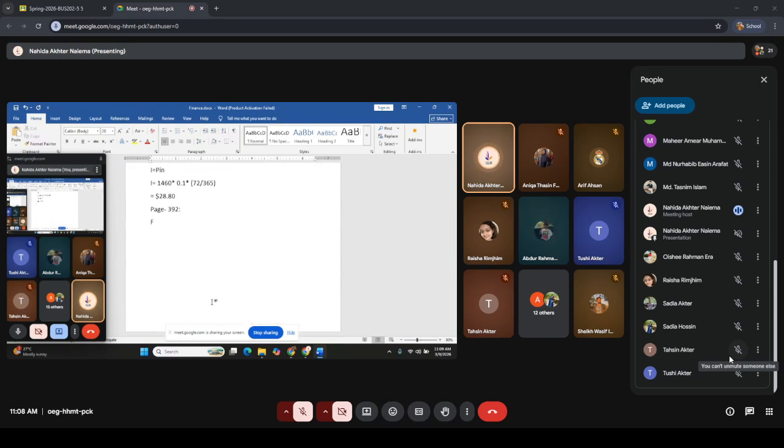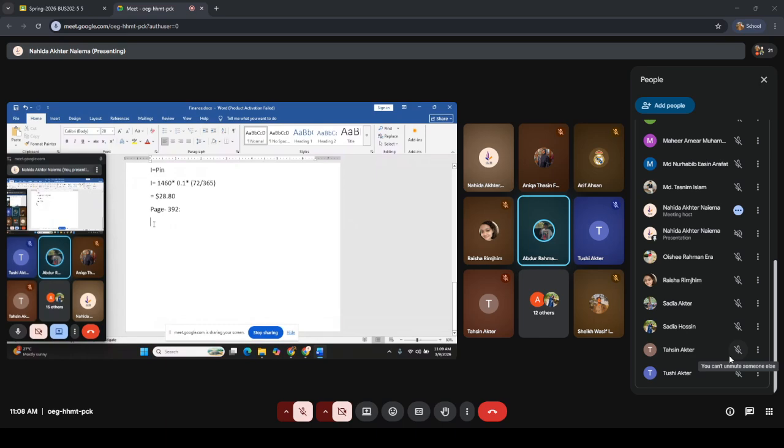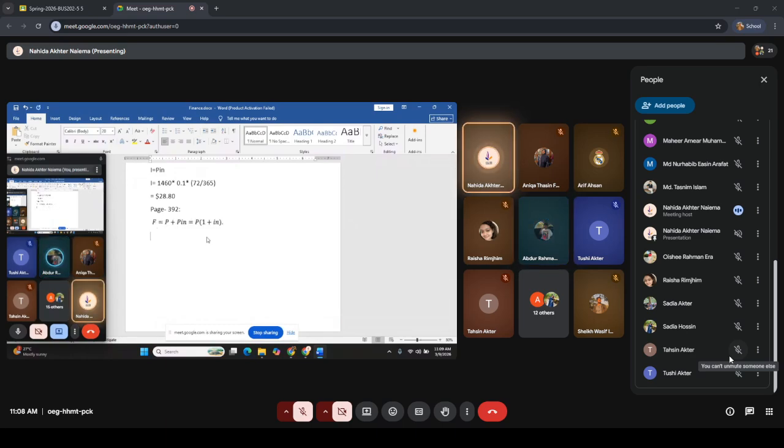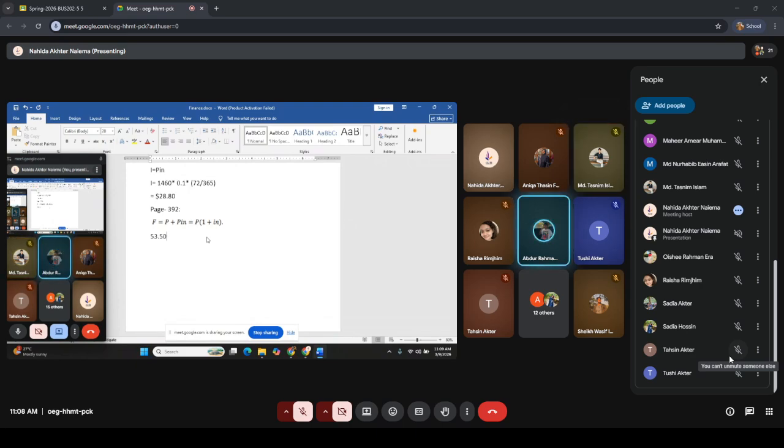So future value, আমরা যদি এই ফর্মুলাটা এখানে লিখি, so you need to find r, right? Future value কত? Future value is 53.50. And what's the present value? 50.